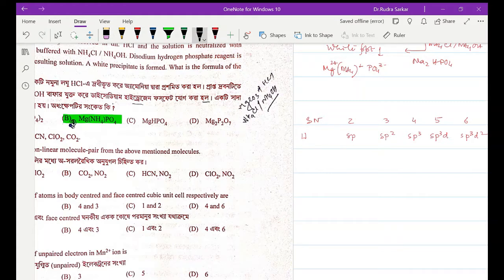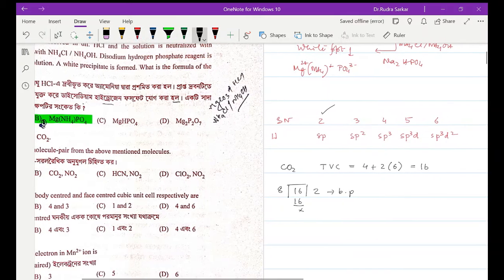Okay, so for say CO2, the total valence count is 4 plus 2 into 6, giving 16. 16 can be divided by 8, we get 2, and that gets cancelled. So this 2 is nothing but the bond pair. We can see hybridization is sp.